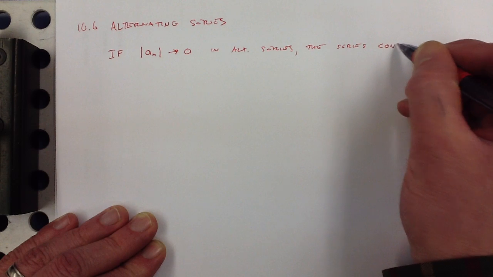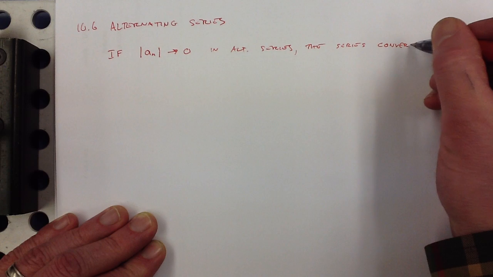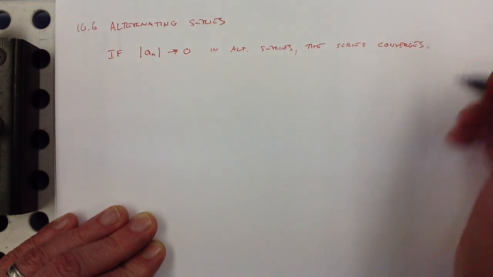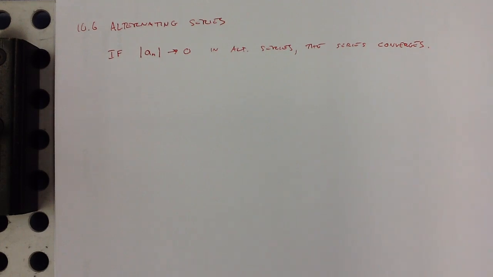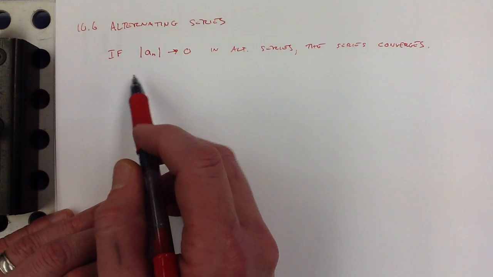Now, that's a pretty bold statement if you're thinking about all the other things that we've said so far and all the tests that we have to do, the ratio test, and so on. This is a pretty easy to determine, pretty strong sweeping statement.